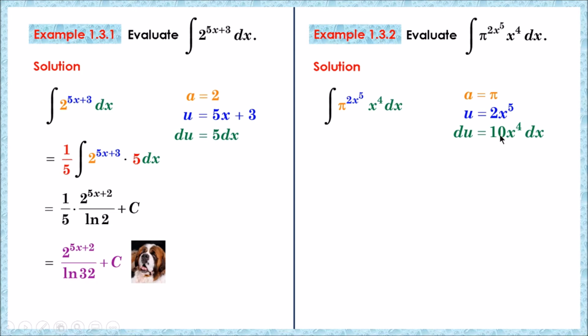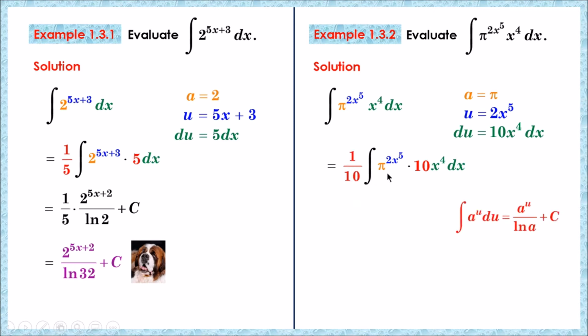But this x to the 4th dx is not the du. There is a constant factor that is missing, which is equal to 10. So let's supply this 10 for this to be du, but balancing it outside by 1 over 10.